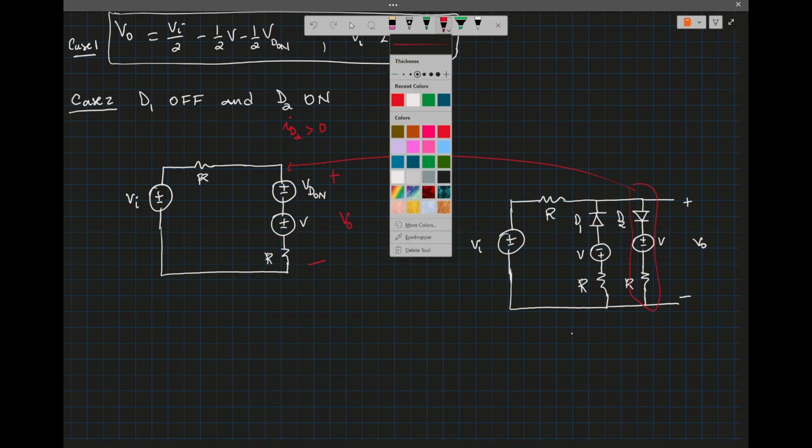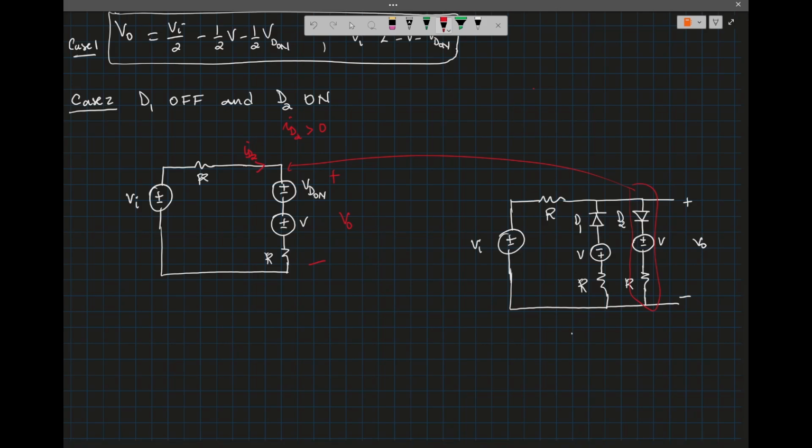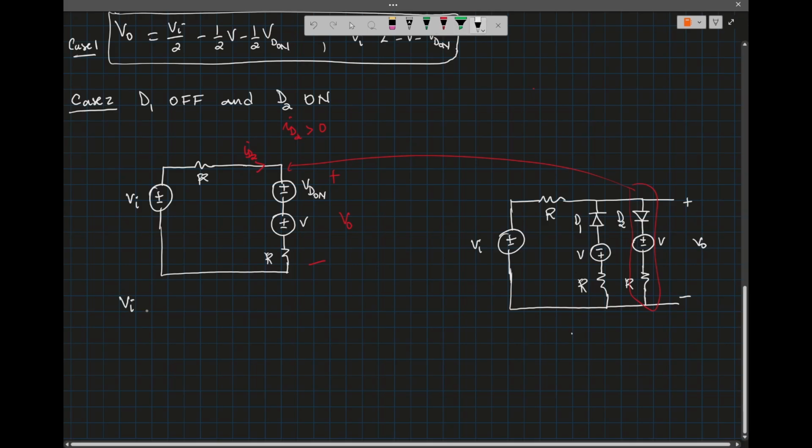So the current to the network will be ID2, based off the orientation of diode D2. I can write my KVL: VI will be equal to R ID2 plus VD on plus V plus R ID2.